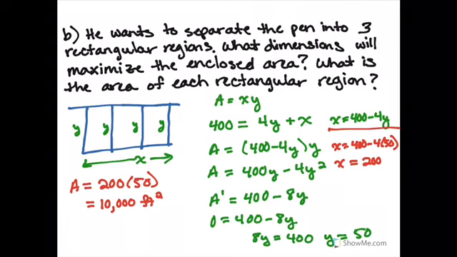That's my total area. The area of each pen is that divided by 3. And so I'm going to get 3,333 square feet with a 0.3 repeating decimal, but we'll just round to the nearest one here.